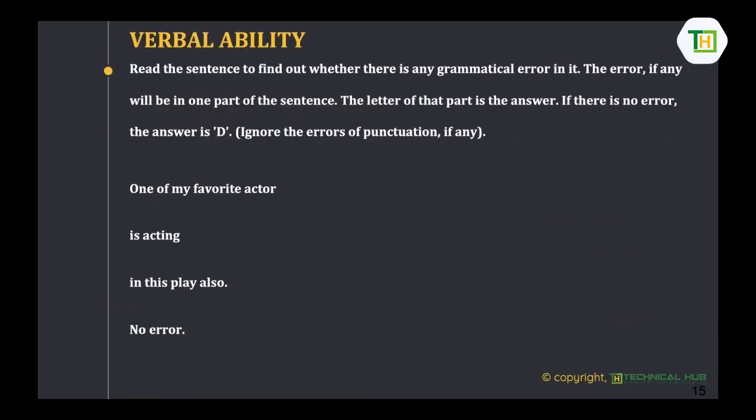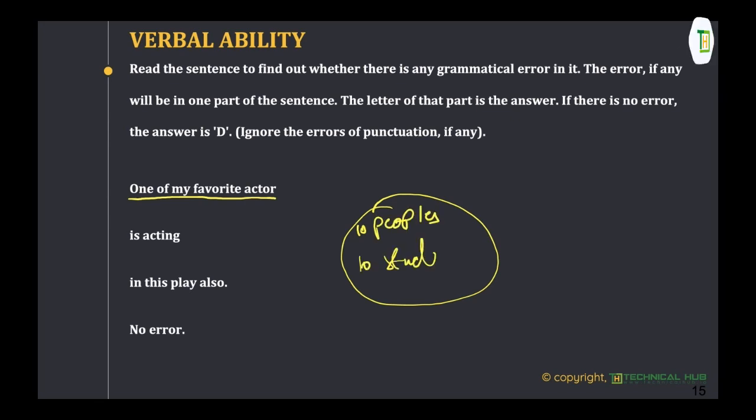Next one. One of my favorite actor is acting in this play also. Can you tell me the answer? This is the mistake. There are 10 people. Okay, let's take 10 students. Now, out of these 10, I'm selecting one.